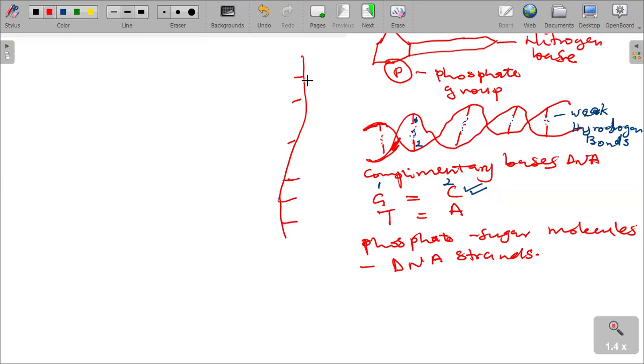As you can see there, it is just a single strand, and it also has its nitrogen bases: it can have guanine, cytosine, and adenine. However, instead of thymine, it has uracil. So we can have those bases like that.